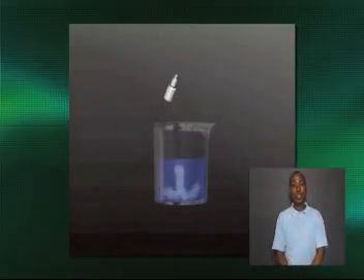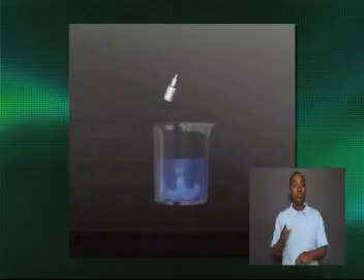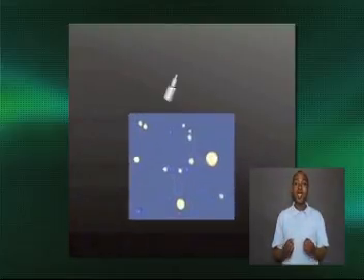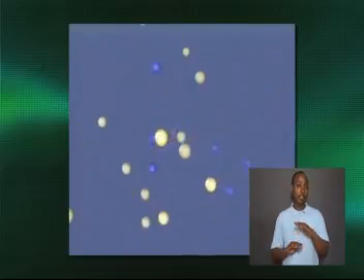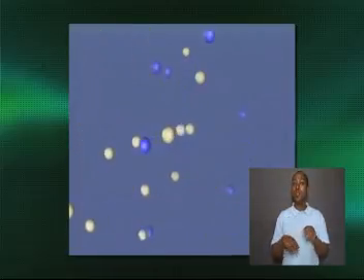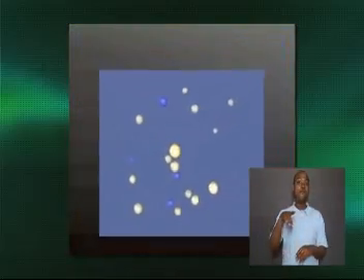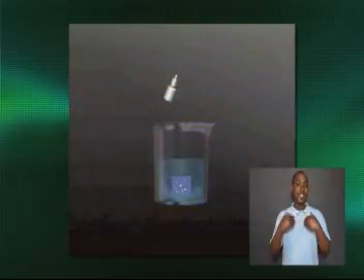As the particles move randomly, more particles travel to the areas of low concentration. Therefore, the particles' overall movement is from areas of high concentration to areas of lower concentration.